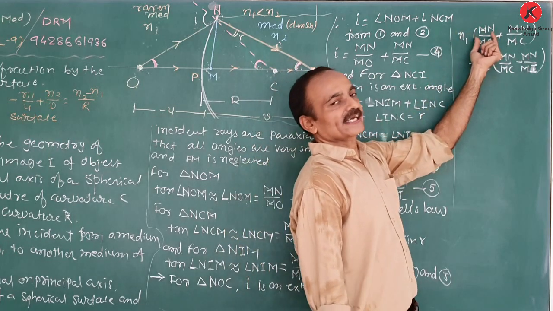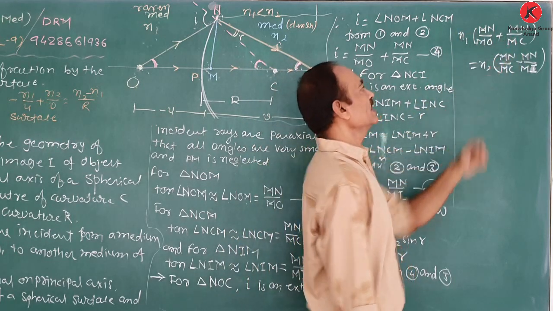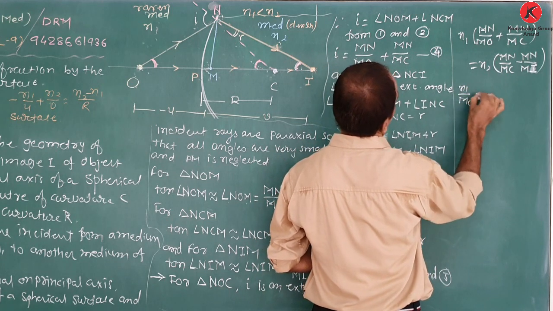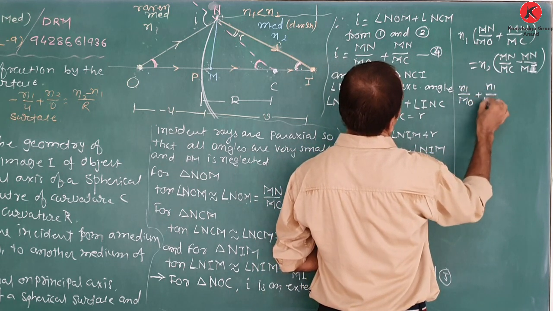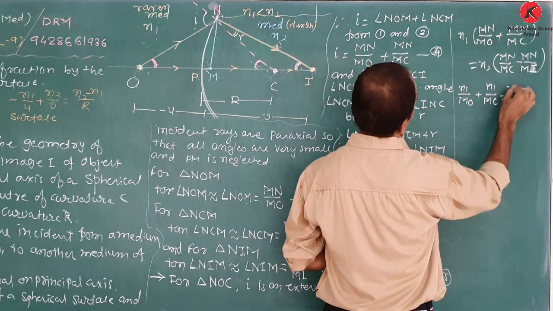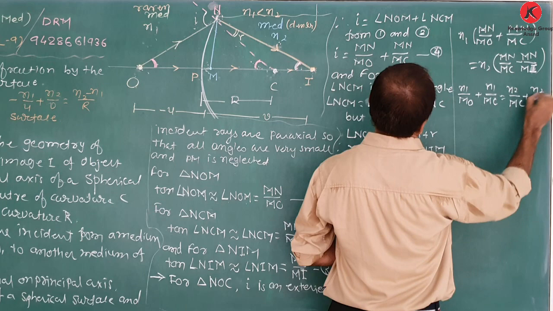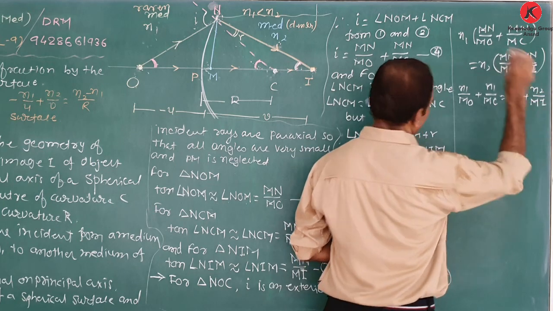Now Mn is common and cancels. Therefore, n1 upon MO plus n1 upon MC is equal to n2 upon MC minus n2 upon MI.